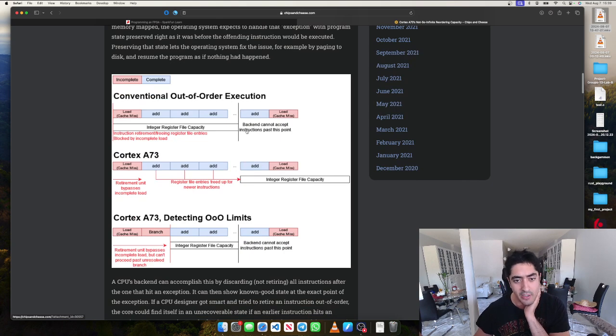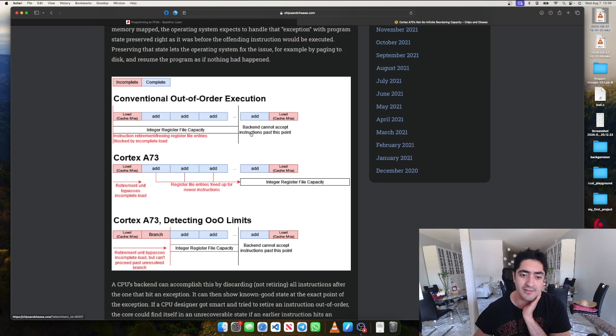We are moving that way, I guess. Backend cannot accept instructions past this point. Cortex A73: load retirement unit bypasses incomplete load. Add. Register file entries freed up for new instructions.